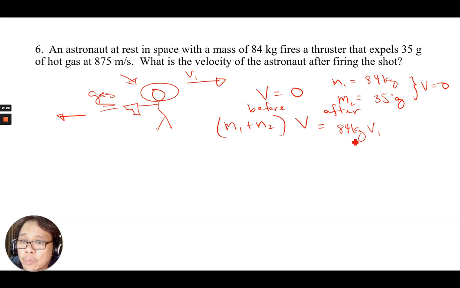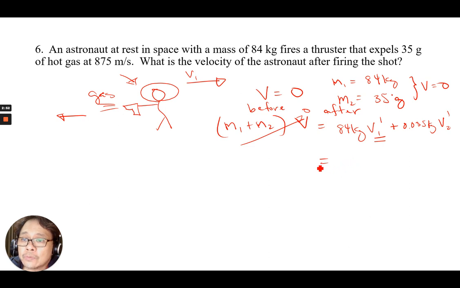So M1 V1 prime, which we are looking for, plus M2, the mass, which is 35 grams, but we have to convert that to kilograms, multiplied by V2 prime. V2 prime, we know the value, it's negative 875 meters per second. This one becomes 0. We want to solve for V1 prime.